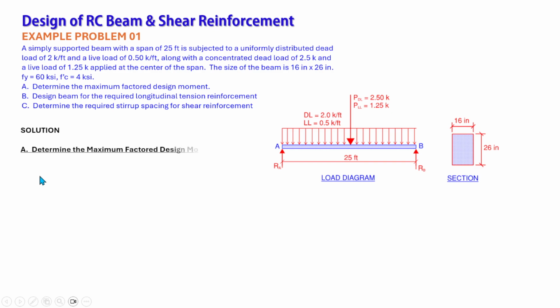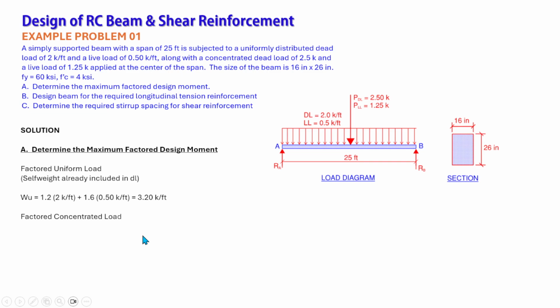First, we need to determine the factored uniform load. The self-weight of the beam is already included in the dead load. So W sub U is equal to 1.2 times 2 kips per foot plus 1.6 times 0.5 kips per foot, and that is equal to 3.2 kips per foot.